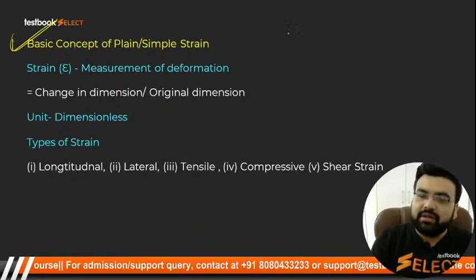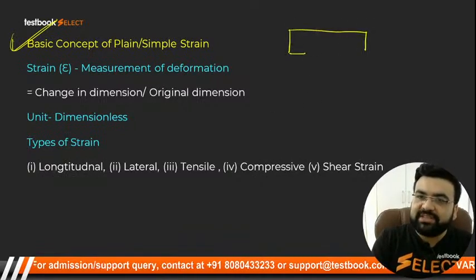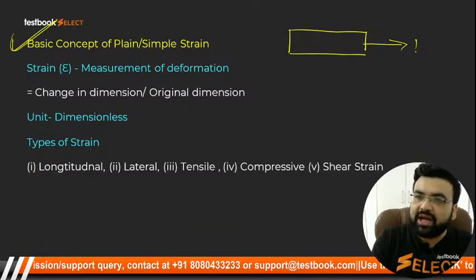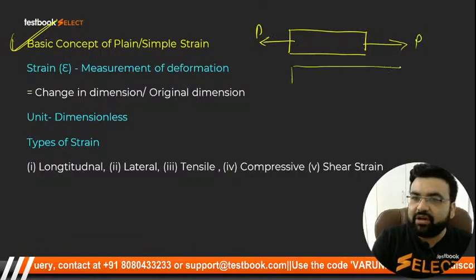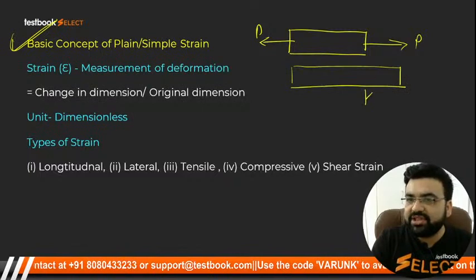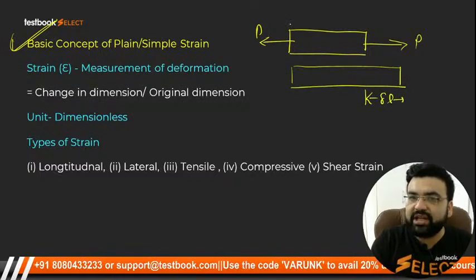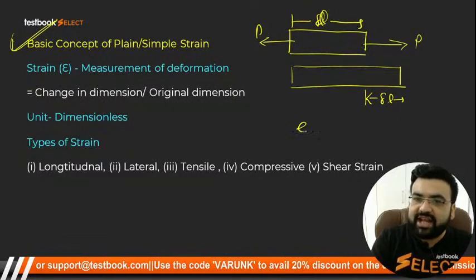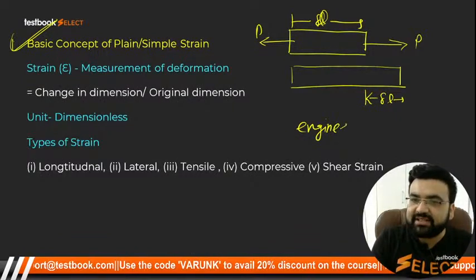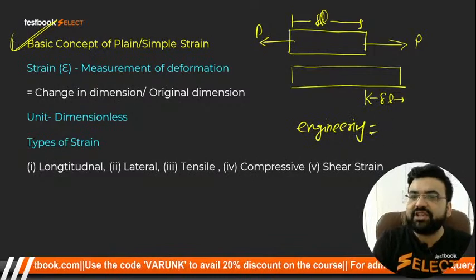For example, you had a body, and on this body you applied a load P on this side and a load P on this side. Now students, some deformation happened in this body. Let us say this much is the total deformation on this body. This was the original length of this body, that is L. Now students, engineering strain is defined as, because generally we will be using engineering strain only, right?